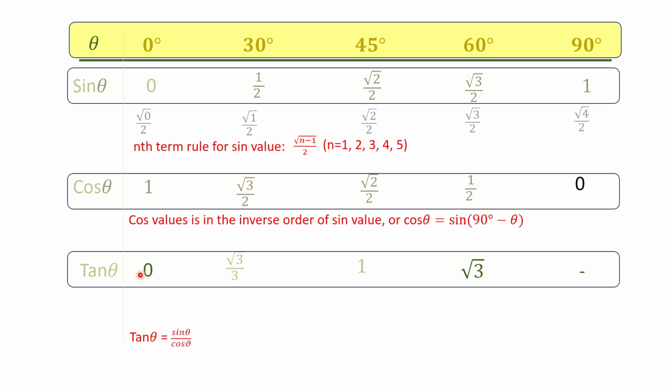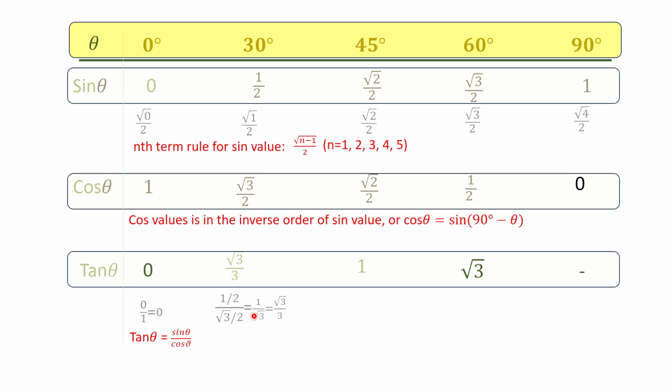So for tan 0, it is 0 divided by 1, so it's 0. That's your sine 0 divided by cosine 0 is 0. Okay, so tan 30 is sine 30 divided by cosine 30. Okay, like this. And then you just simplify this to get this one.